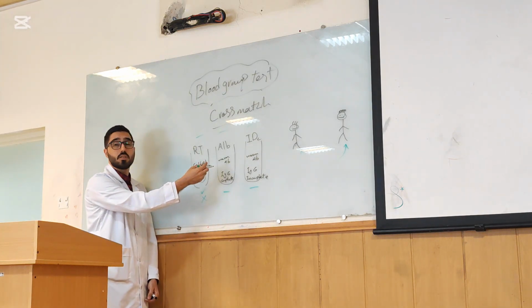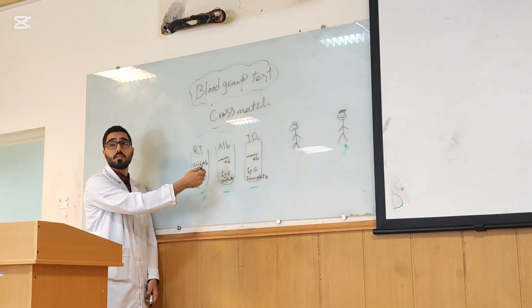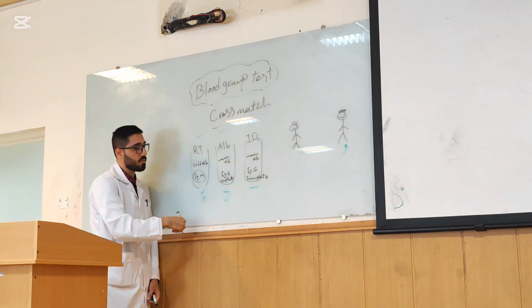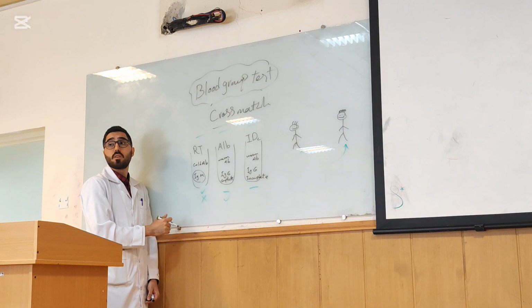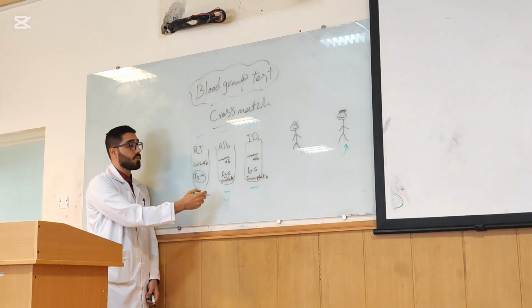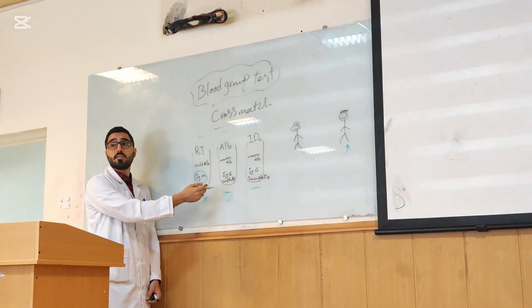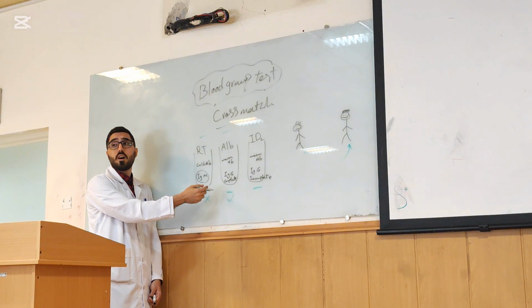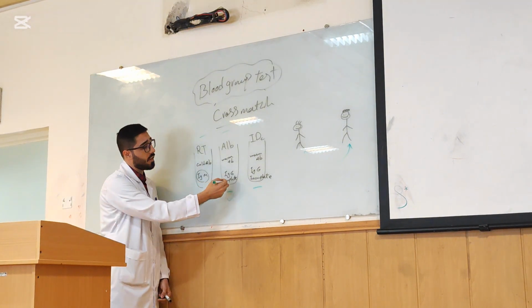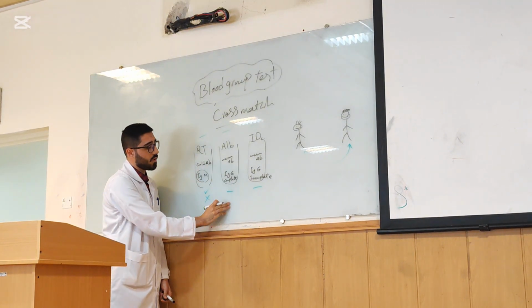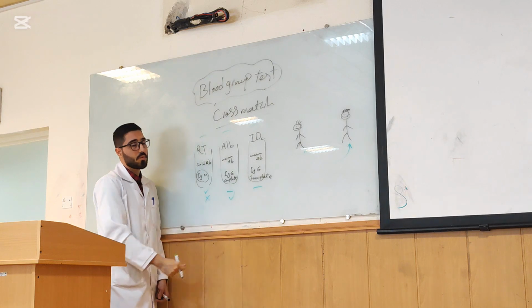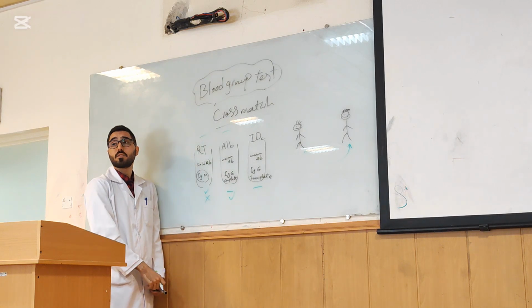If you see agglutination in this tube, you say donor and recipient are incompatible, and we don't allow transfusion between the two persons. Okay?